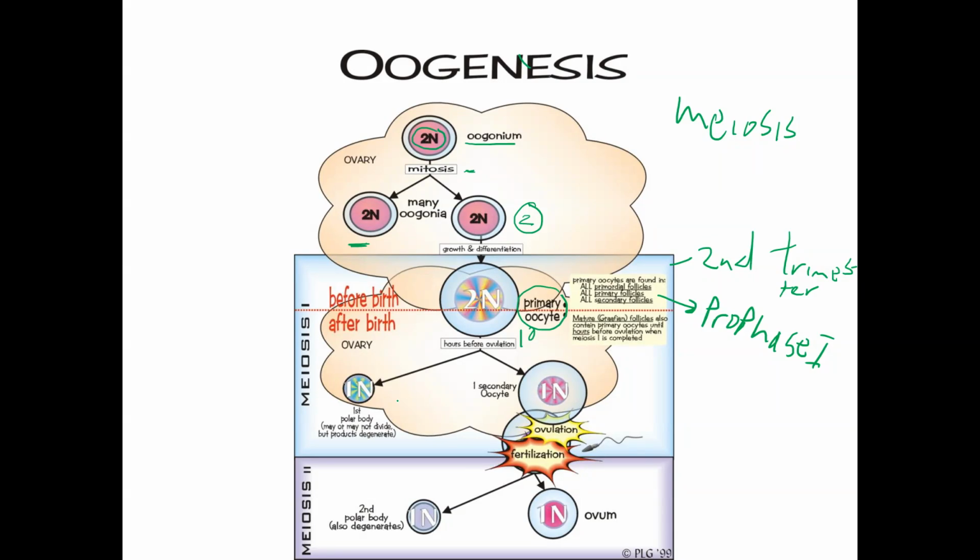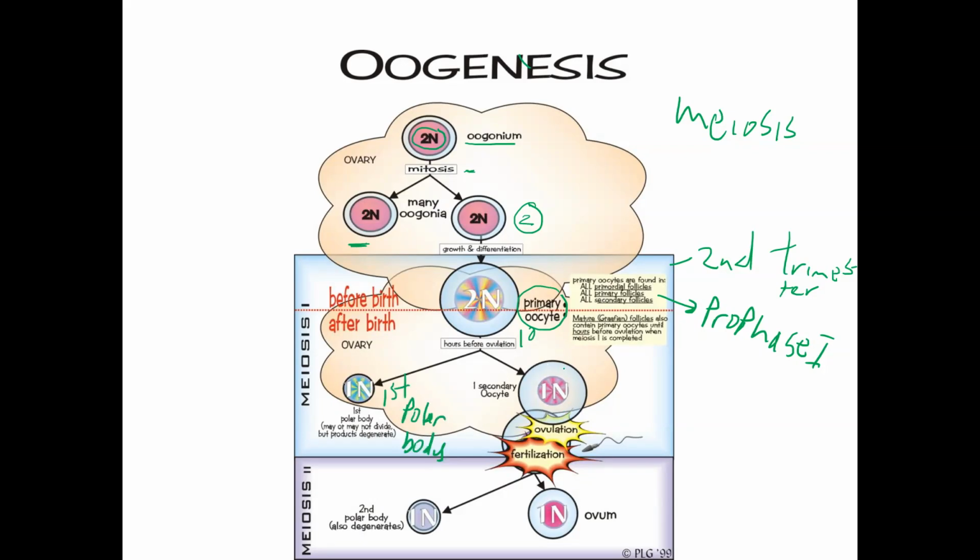However, in oogenesis, you get one huge cell after the end of meiosis 1, and you get one tiny cell with a nucleus in there called a polar body. And this is the first polar body, all right?